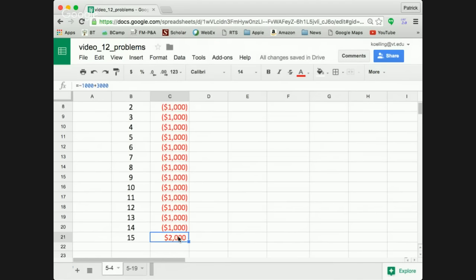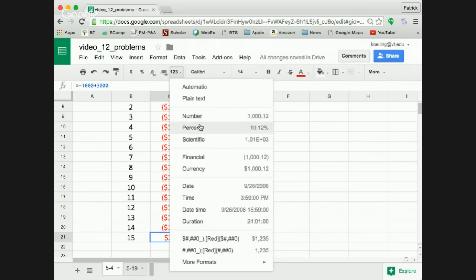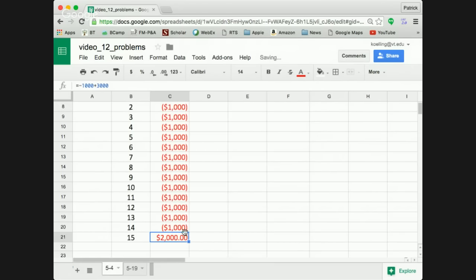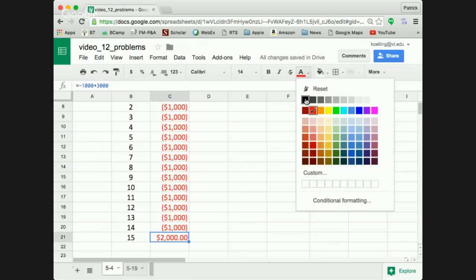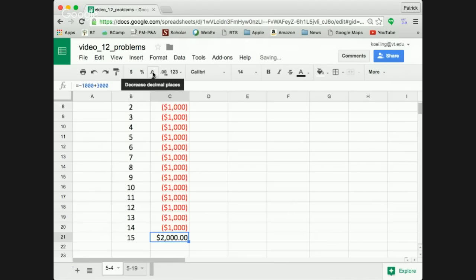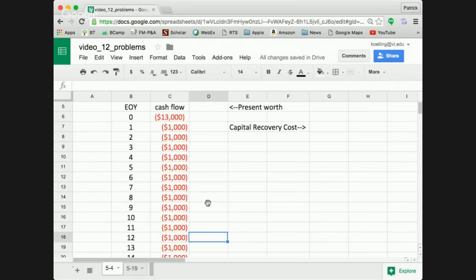And that's a positive $2,000. Not exactly sure why it's giving me red, but we're going to make it black and take away those extra decimal places. Okay, $2,000.